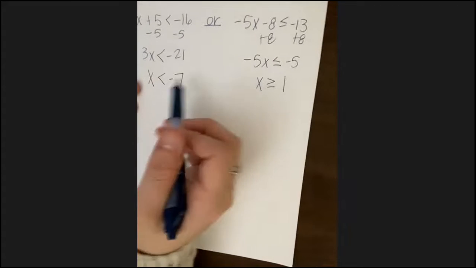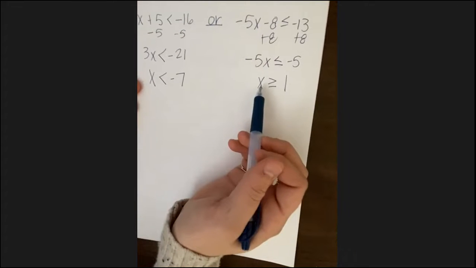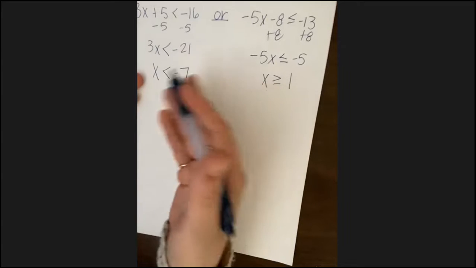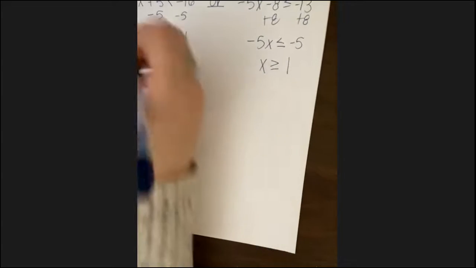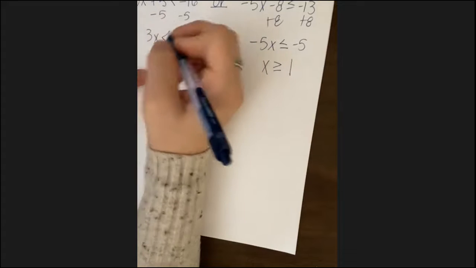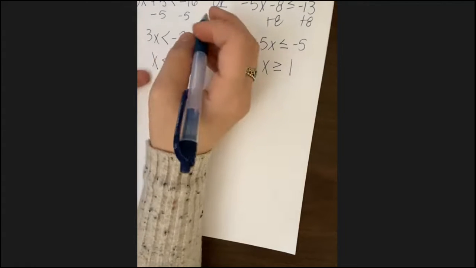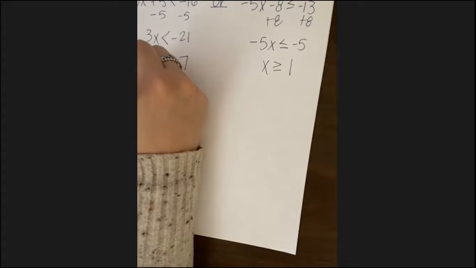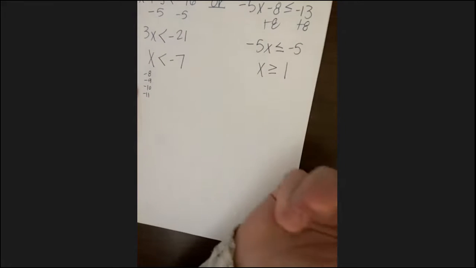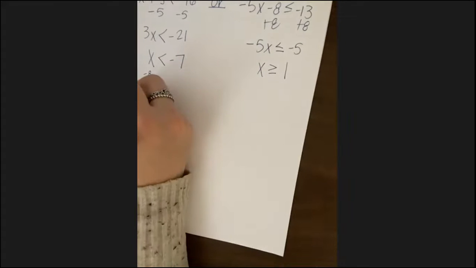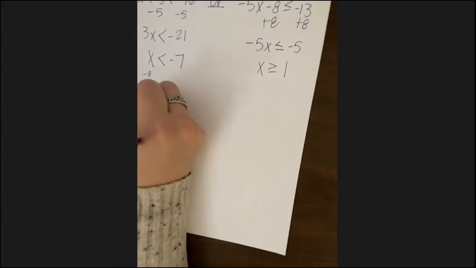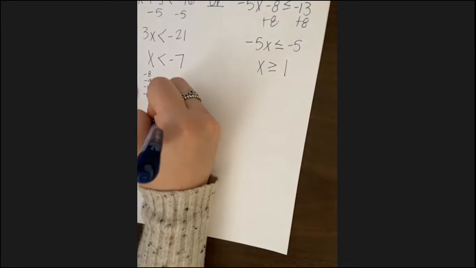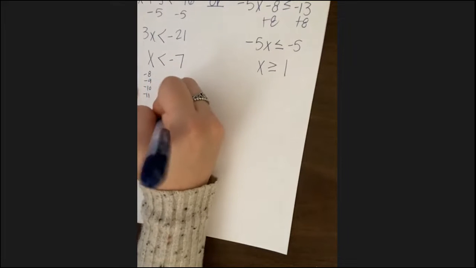So you would just have two different solutions, meaning you would have two different interval notations, and then so like less than negative 7. So negative 8, negative 9, negative 10, negative 11, those kind of numbers. So it would go into negative infinity is what I see. 2, 7.